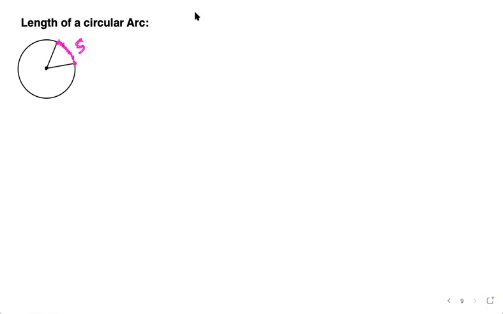We have two givens. The first one is the radius, from this point to this point. The second given is theta, the angle. This theta must be in radian. If I give you theta in degrees in the exam, you have to change it to radian. You cannot plug the degree inside the formula.